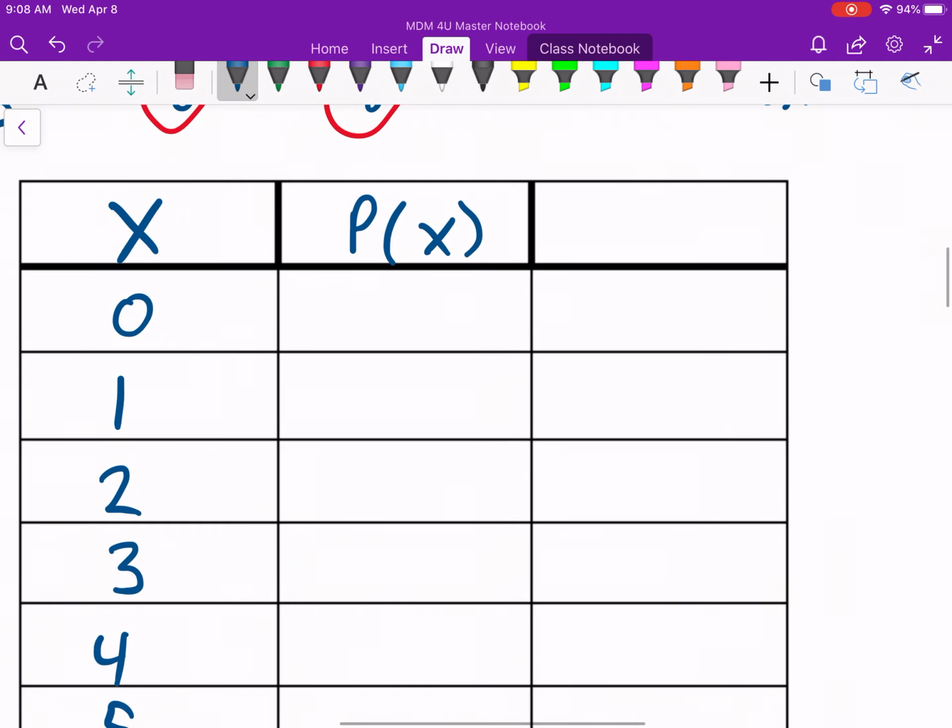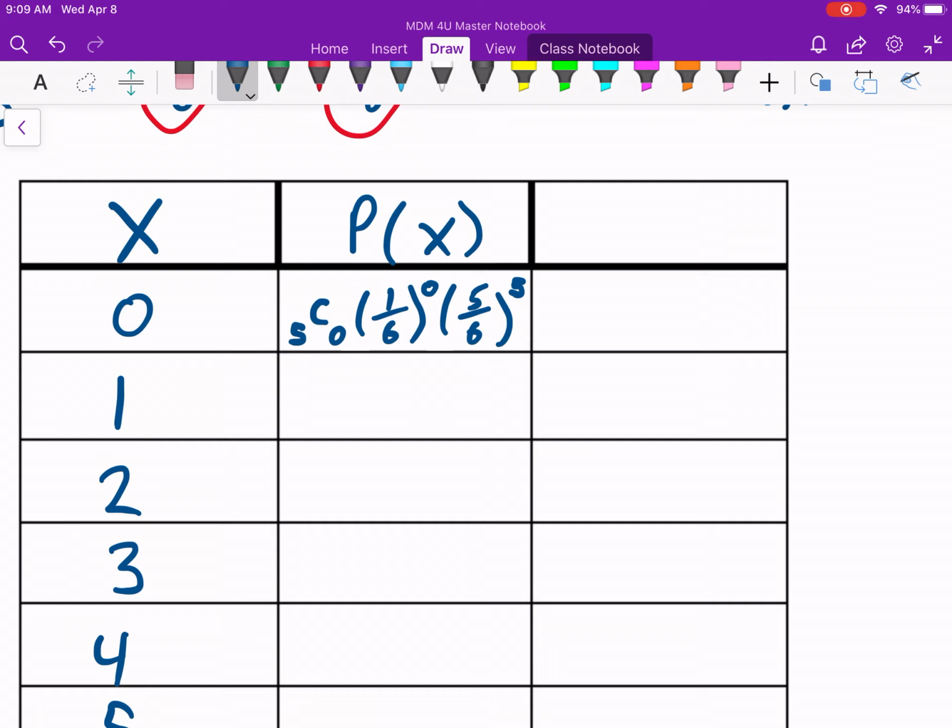So n was 5. x is 0 on this row. Probability of success is 1/6, and that goes to the exponent x, which is 0 again. Probability of failure is 5/6, and that goes to the exponent n minus x. So 5 minus 0, so exponent 5.